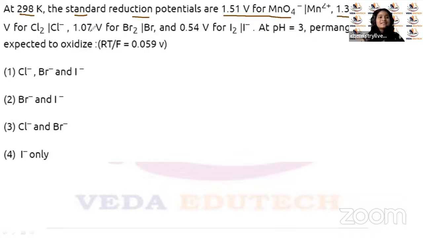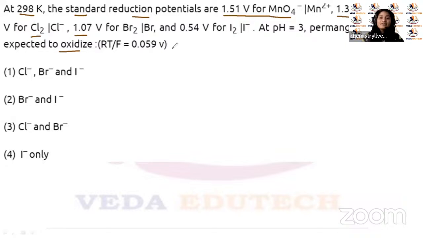This is 1.36 volt for Cl2, and for Cl it is 1.07, and for bromine, so all these values are being given to you at pH equals to 3. So what is the role of this pH? Let us discuss this.